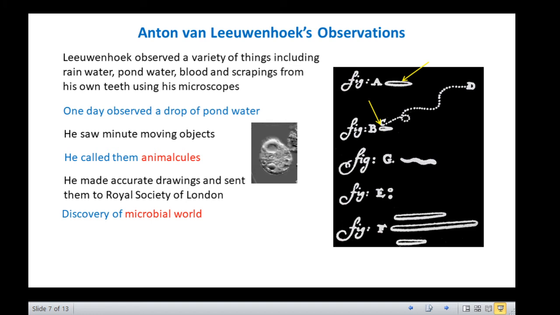That is, he depicted how a bacterium is moving from one position, that is C, to another position, that is D. A spherical form is shown in E and the longer types are depicted in F. The longer type shown in figure G appears to be a spiral bacterium. Leeuwenhoek found many of these organisms in the samples which he acquired between his teeth.